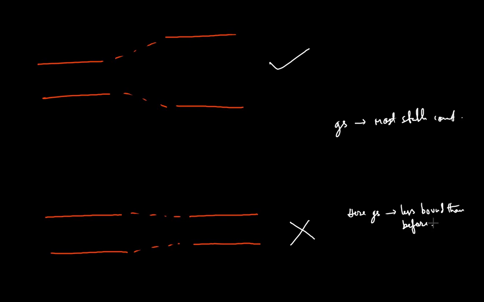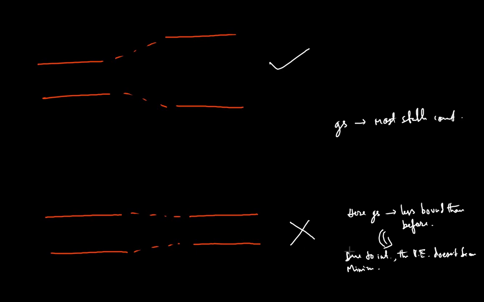So what does this mean? This means that somehow due to interaction, the potential energy doesn't become minimum. Right? Now this is not possible for a system in equilibrium.